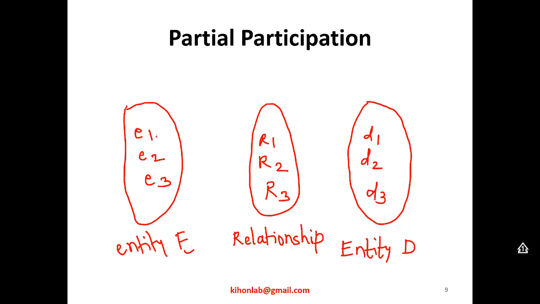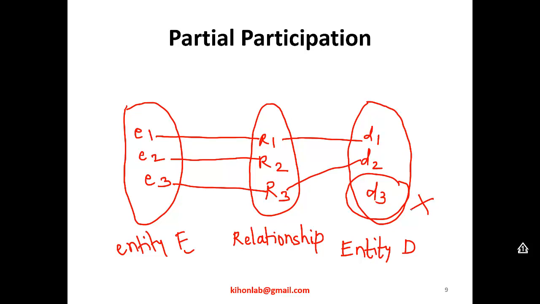So each entity from entity set E participates in the respective relation, and D1 and D2 participate as well. But entity D3 is not going to participate in the relationship set. That is called partial participation. D3, this entity from entity set D, doesn't have its existence in the relationship.